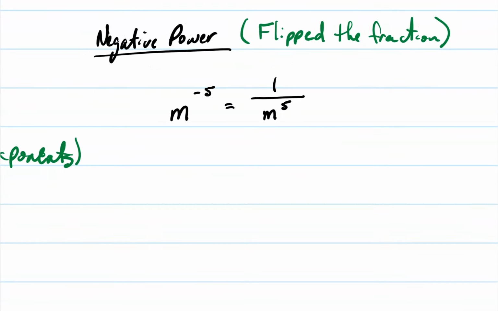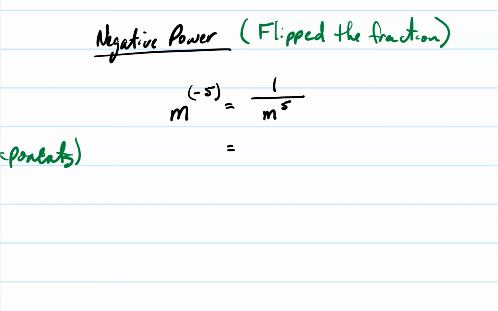If we think of an exponent as a counter, if it tells us how many times we multiply something together, to me it doesn't make a whole lot of sense to say that we would like to multiply m times itself negative 5 times in a row. Instead, I would like to divide m 5 times in a row, because division is the opposite of multiplication.